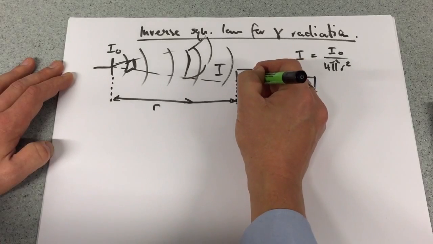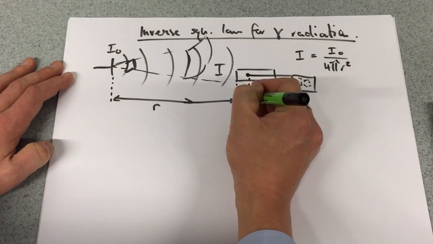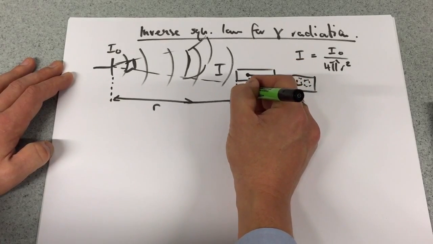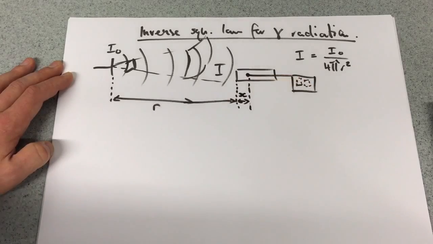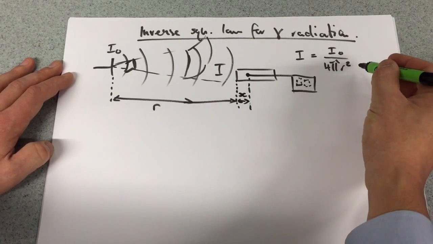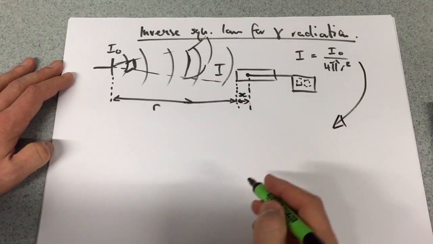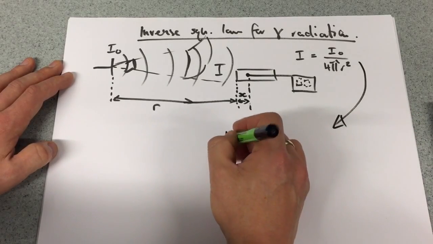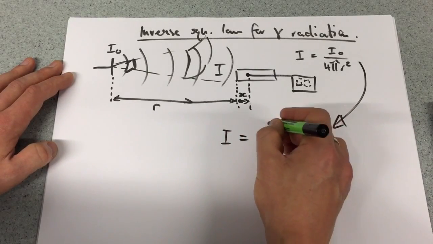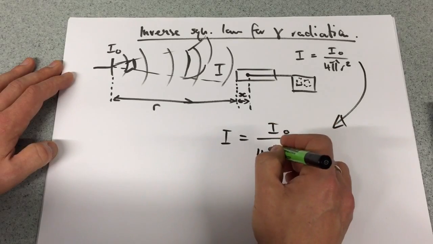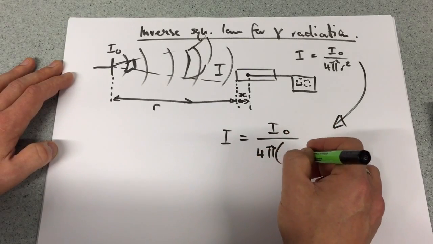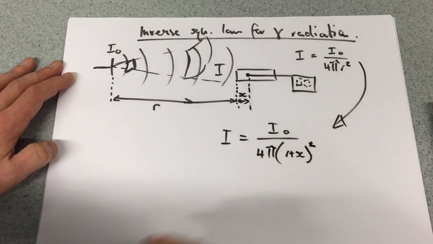So in all cases, we do have this systematic error that we call, let's call it X. So little systematic error to all of our readings we'll call X. Okay, so this therefore has got to be rewritten. What we ought to be saying is that the intensity is going to equal the initial intensity divided by 4 pi r plus x all squared.